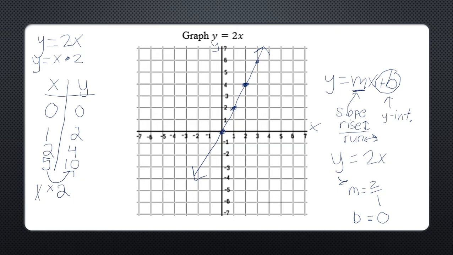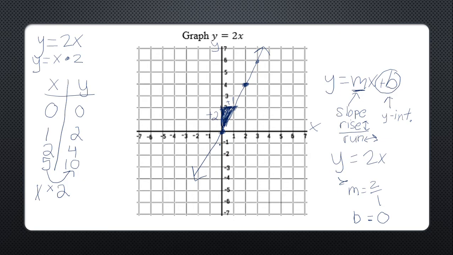From that point, if I know the slope, I can go, let me just kind of draw this, up 2 and over 1, right? So remember when we were learning about the slope triangles? That's when this comes in handy because we're looking at the slope triangles to make a line. All right, that's a long explanation, but hopefully one of these methods will help you do the first problem.